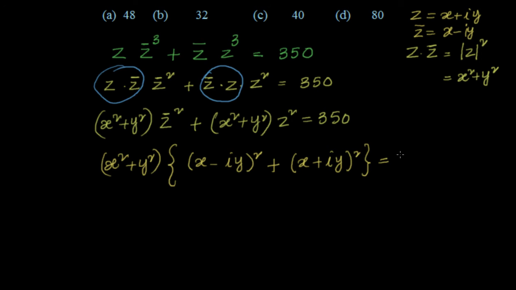This is equal to 350. Now we have a formula here. The formula is (a − b)² + (a + b)² = 2(a² + b²).